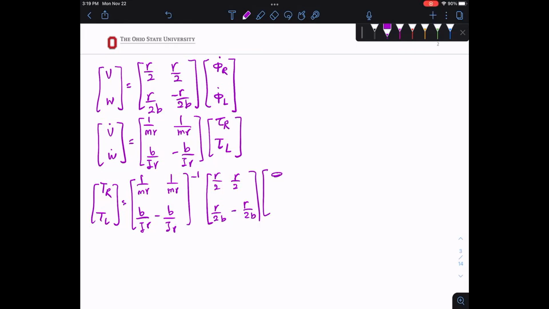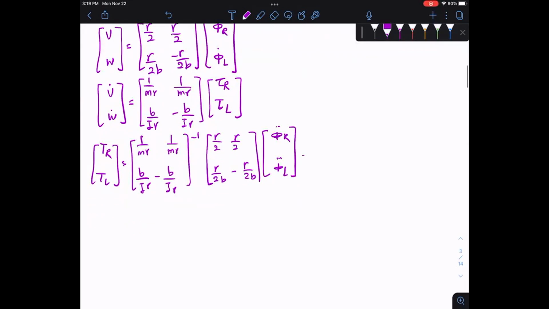And then P double dot R shows up. Now, basically, we're going to get a mass matrix. So if you use kinetics, you would arrive at the mass matrix directly. D11, D12, D21, D22 times P double dot R. So this is the wheel velocity.